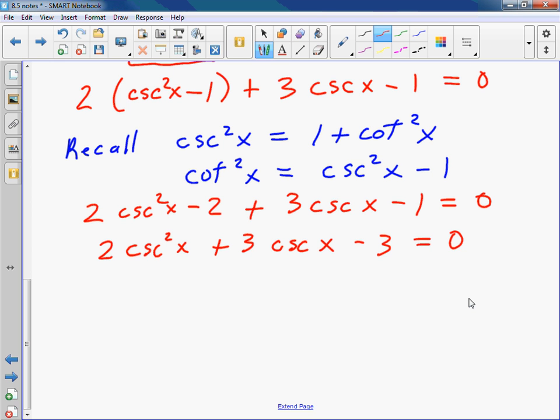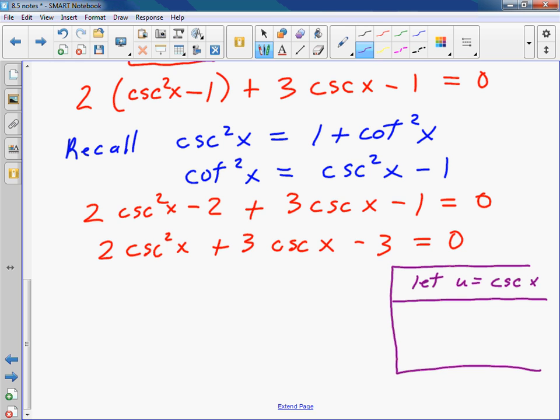Now, at this point, I really would recommend u substitution. You don't have to, but it just might clean things up. So let u equal cosecant x.